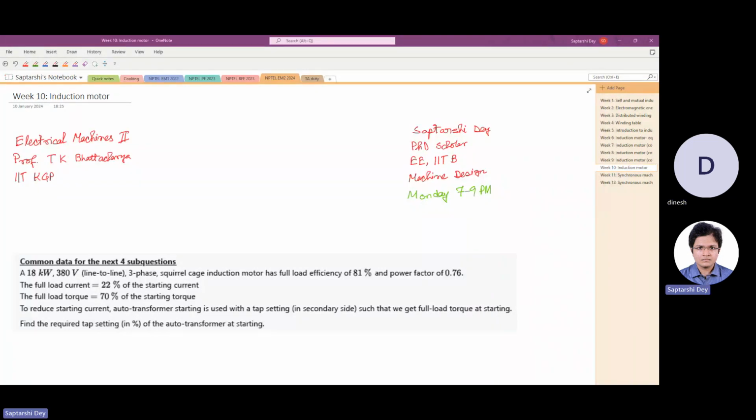You are the only attendee in the 19th class. Actually, I forgot. There was an email message, no? Yes, I saw. They sent a message, I don't know why. Anyway, I was outside India last week.